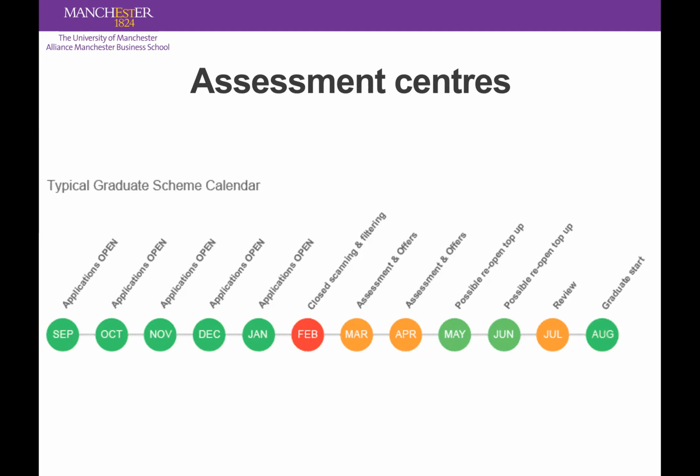May, probably we will have some possible reopen top up. And July, we will do some review. And August, graduation starts, and so they can enter into the job market and perform the job position.